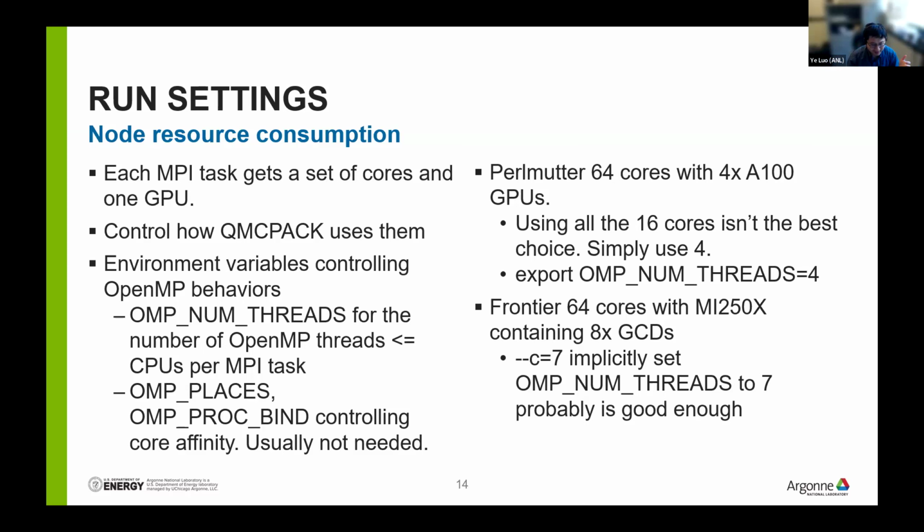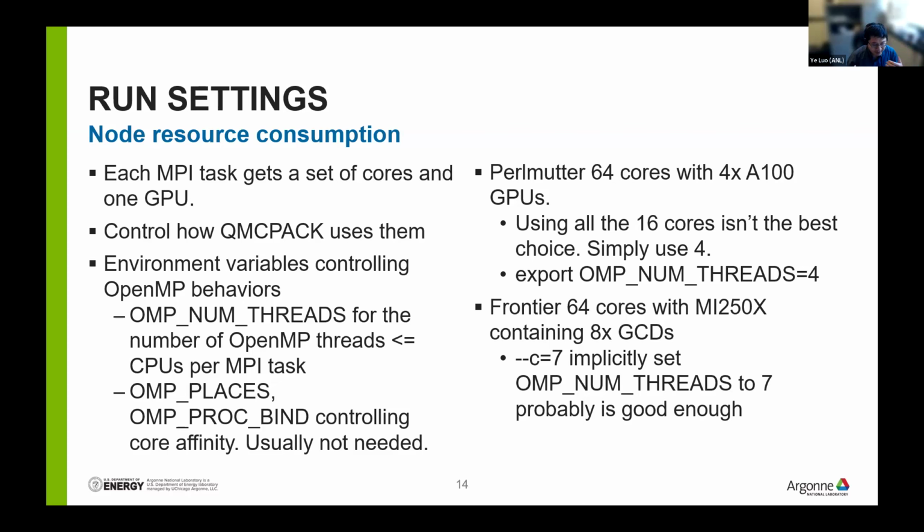The second step is, each MPI task now is being assigned a few cores and a GPU, how we consume it. In this aspect, there's not much we really need to care about. The only thing is the OpenMP part, because we assigned a bunch of cores to each MPI rank. We need to set up how QMCPACK uses them for threading.